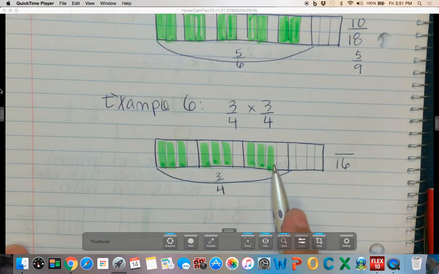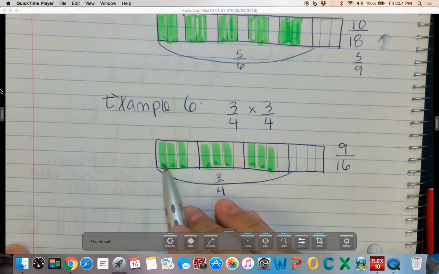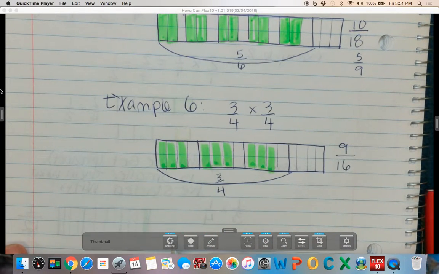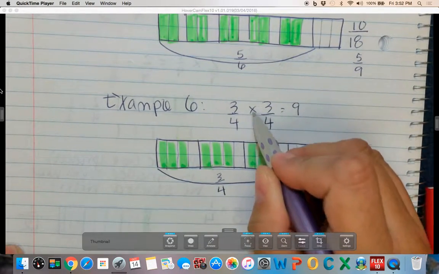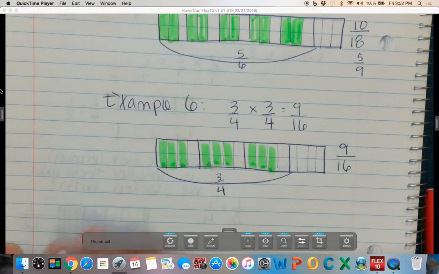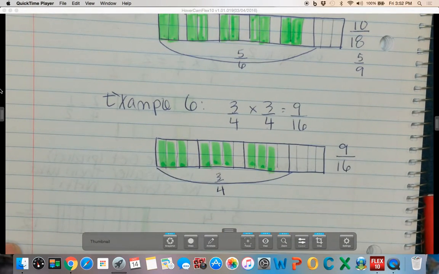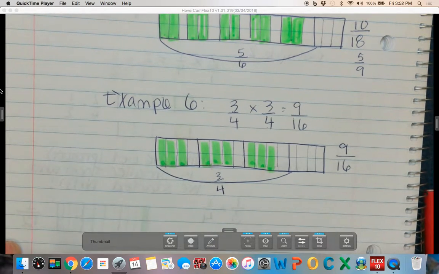How many are highlighted? 3, 6, 9. 9 out of the 16, which is the same as 3 times 3 and 4 times 4. 9/16. So I hope you have a little bit of a better understanding of why we multiply fractions and what it looks like when we do it.